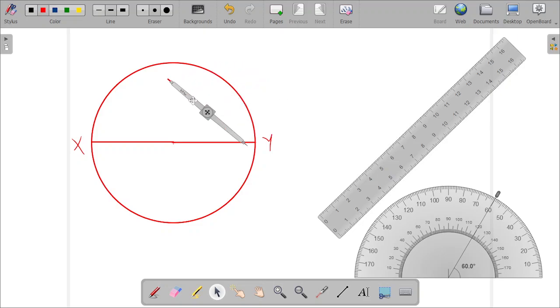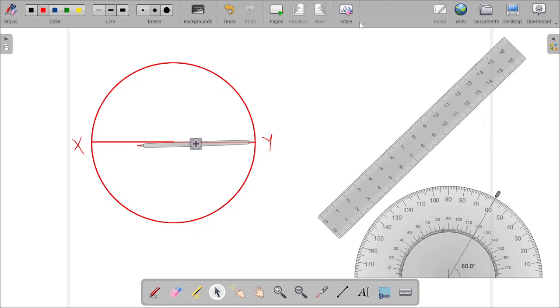Now you have to place your compass point on either X or Y. Let's start with Y. So compass point on point Y. Then you must make sure that you open the compass radius such that it is more than half of that diameter line, please.